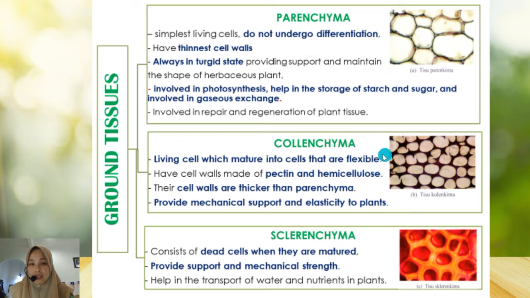So this collenchyma tissue will mature into flexible tissue, it becomes flexible or easily changes shape. They have cell walls made of pectin and hemicellulose.